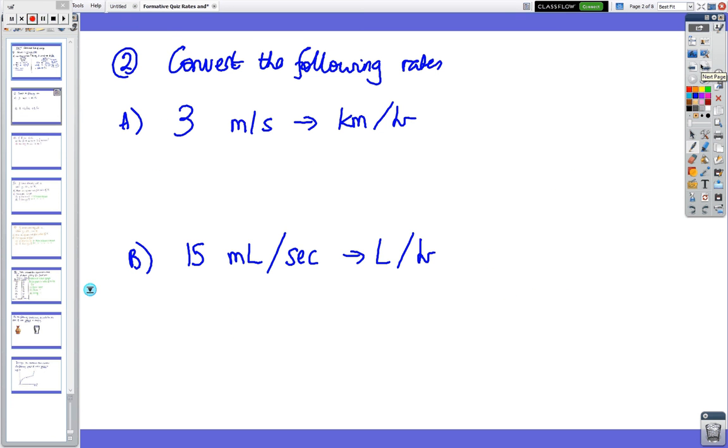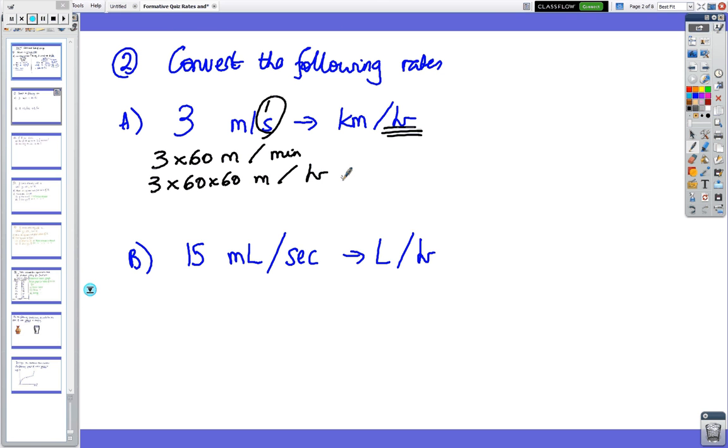Okay, so convert the following rates: meters per second to kilometres per hour, and millilitres per second to litres per hour. Check your notes if you need to, but when you're ready, come back. Okay, so we've got to get into hours. So that's going to be 3 times 60 meters per minute, and then 3 times 60 times 60 meters. Now I'm in hours.